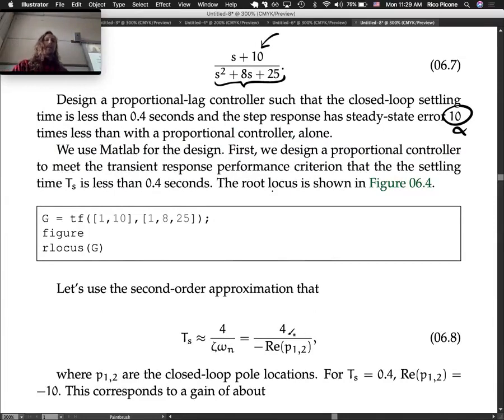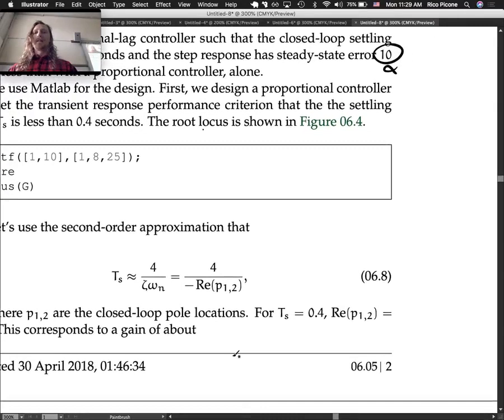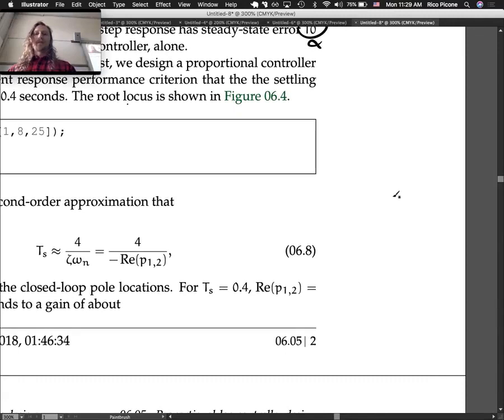And zeta omega n, you may or may not remember, in the S-plane, say this is your closed loop pole location. This distance, the real part, is negative zeta omega n.